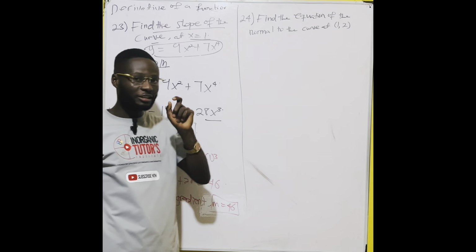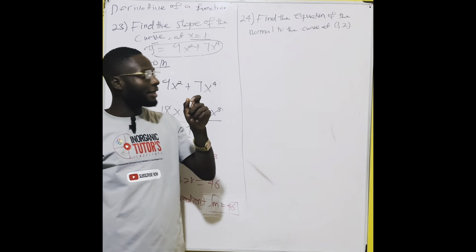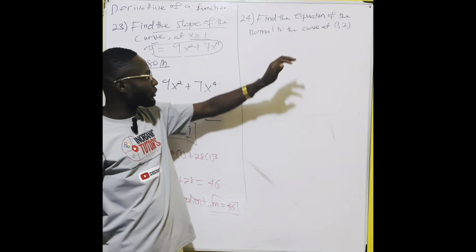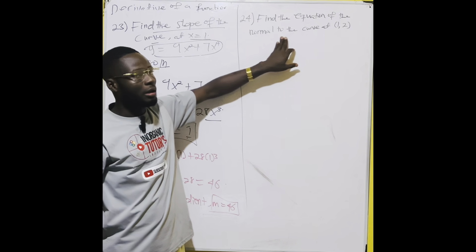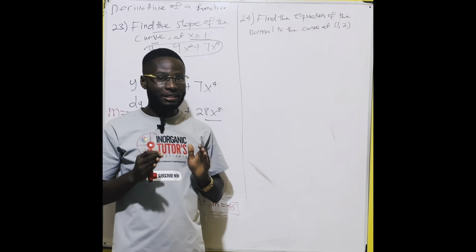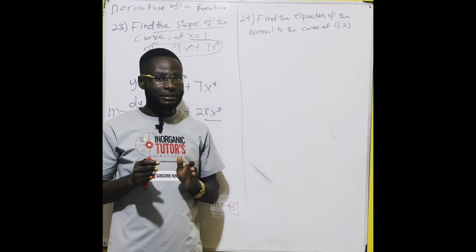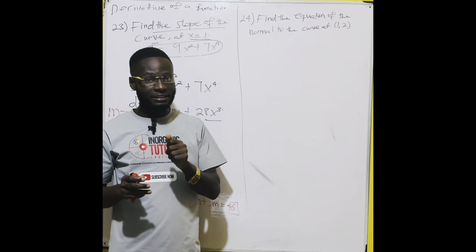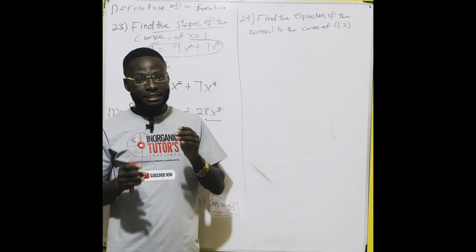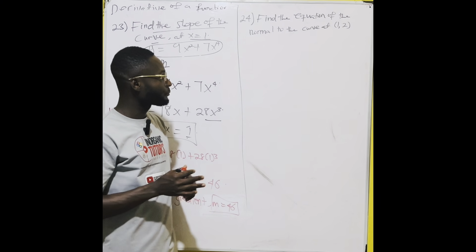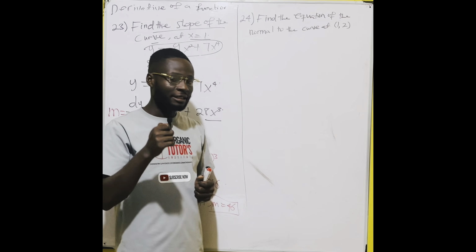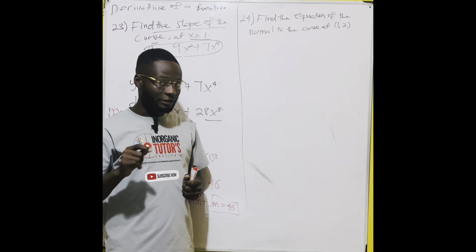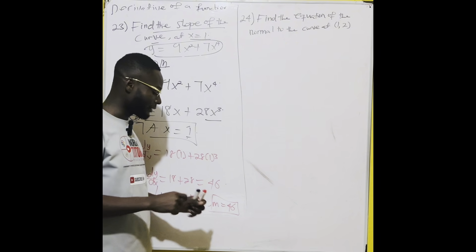And it's not just going to be the gradient, but the negative reciprocal of the gradient, because we are talking about the normal. Normal means it makes an angle of 90 degrees, which means it is perpendicular.